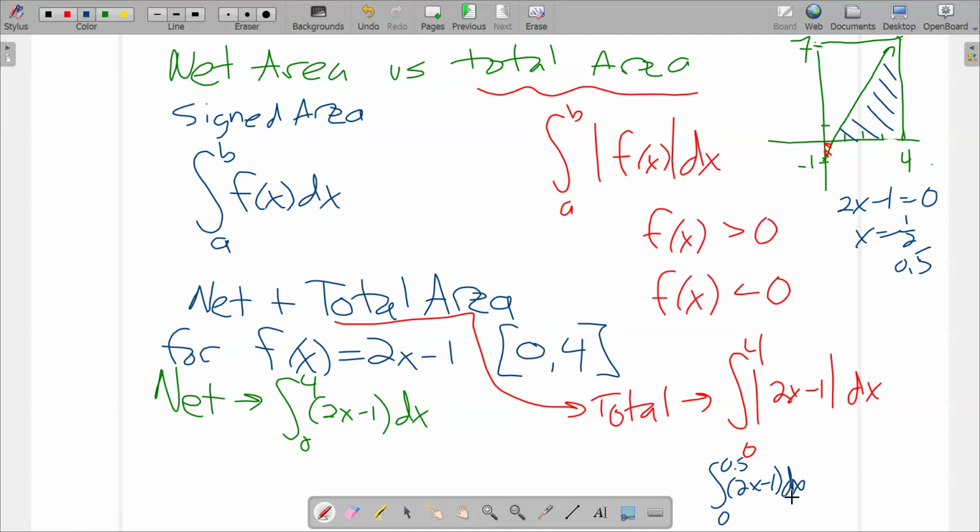Since that is going to give me a negative area, I've got to remember to take the opposite of that. And then I can add to that the integral from 0.5 to 4 of that same function. So the hard part here is figuring out where to break it and then which parts are positive and which parts are negative.